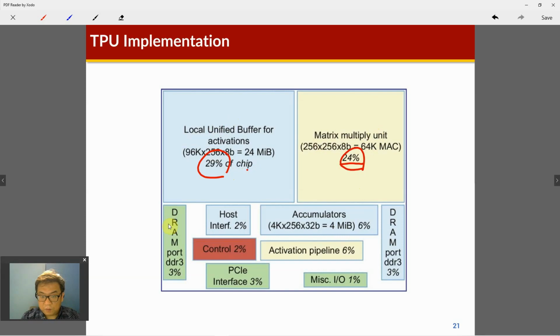The TPU also requires the DDR interfaces, the two DDR interfaces, and the PCI interface is here. And the accumulator is also a computation unit. It occupies 6%. So you can find some other miscellaneous parts of the TPU. But as you can see, the structure of the TPU is very simple. And this simple architecture is good for the power consumption and energy efficiency of the TPU.